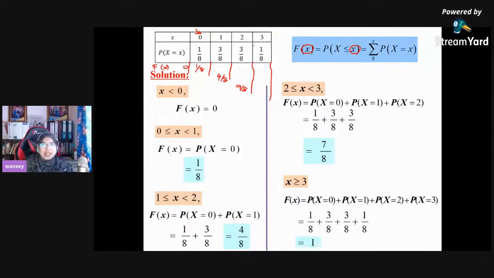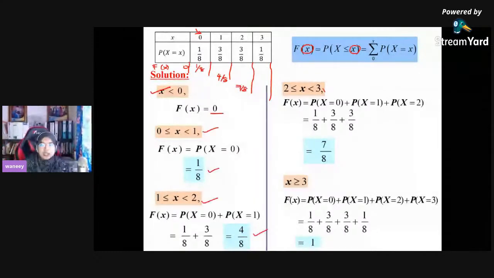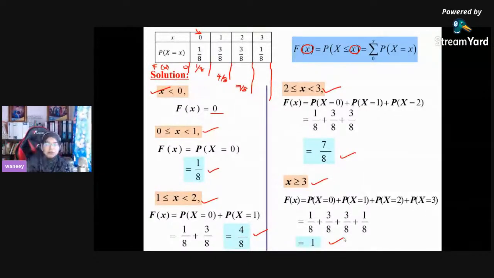Okay, so I already have the function and the value. So this is interval and the value, interval and the value, interval and the value, interval and the value. So now let me write them down in the function format where I have the set notation.